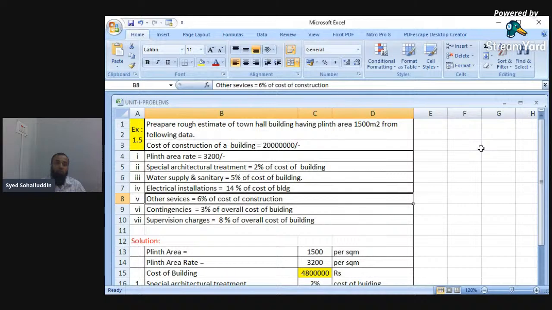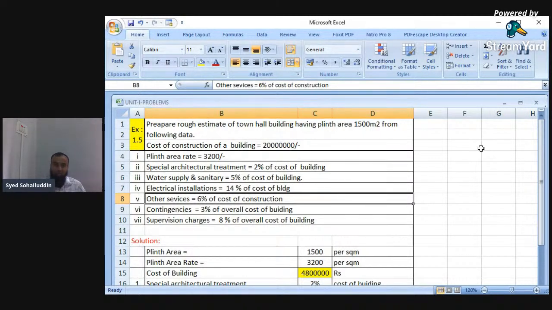Contingencies and supervision charges, so these two are most important. These percentages depend upon the knowledge of how much amount is required for a particular item of work. For special architectural exterior works, 2% of the cost of building is required.